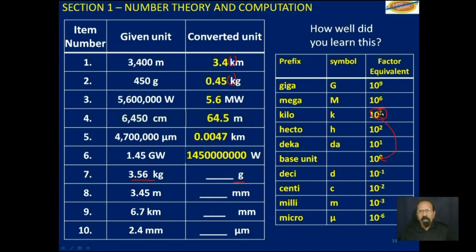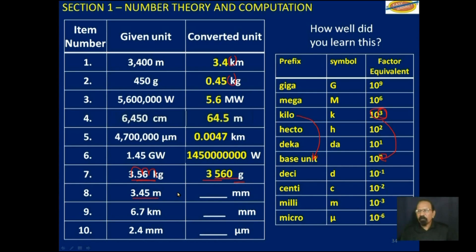So 3 minus 0 is 3. 10 to the 3rd power is 1,000. So you multiply by 1,000, you are going from a larger to a smaller, kilograms to gram, larger to smaller. And so 1, 2, 3. You shift the point 3 places to the right, you multiply by 1,000.